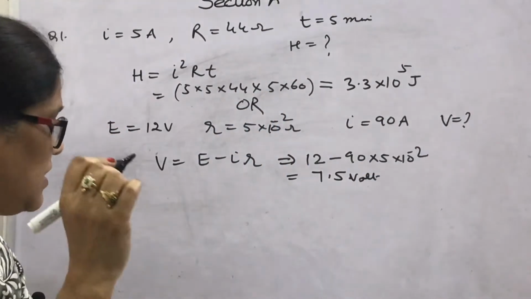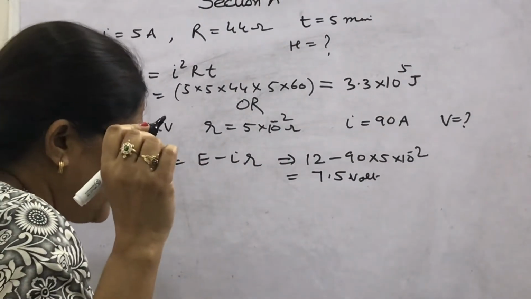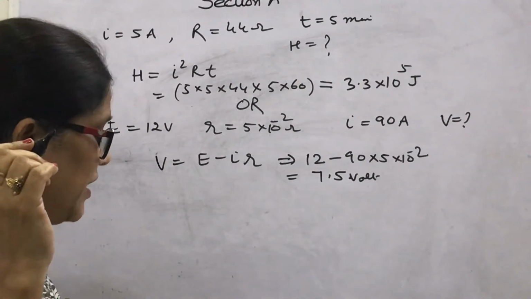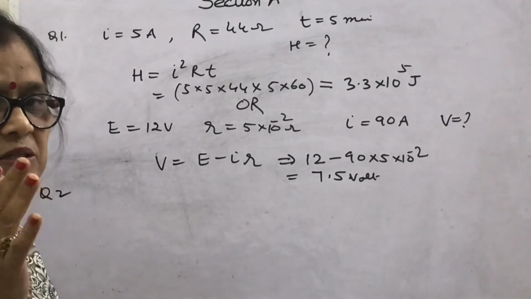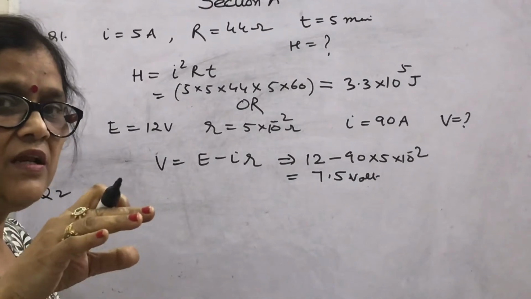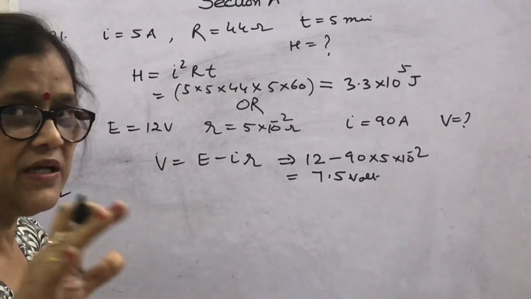Okay. Now the question number 2. Why is a potentiometer preferred over a voltmeter in measuring the EMF of a cell? Now this is the practical based question. Potentiometer measures the EMF of a cell at the null point position, when no current is drawn by the cell.